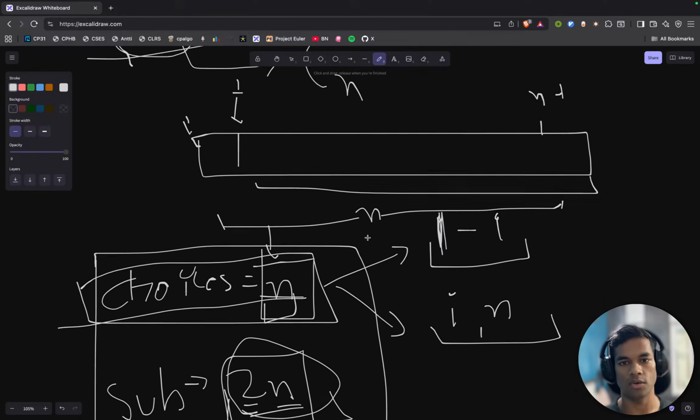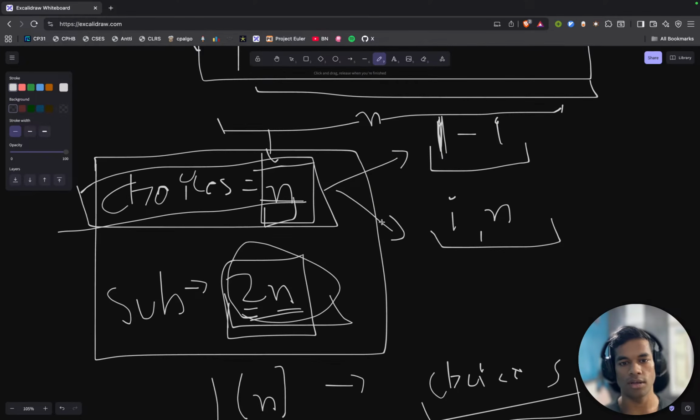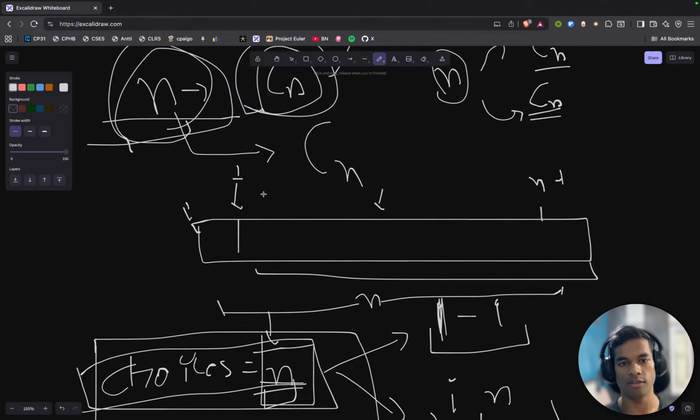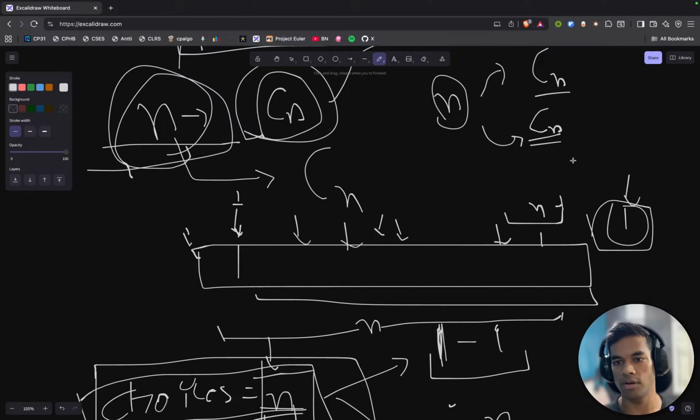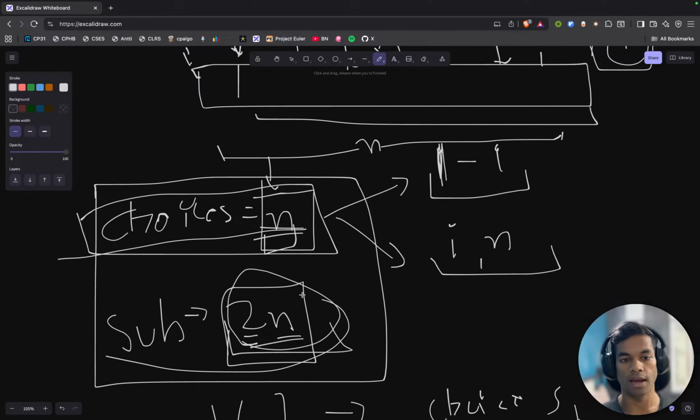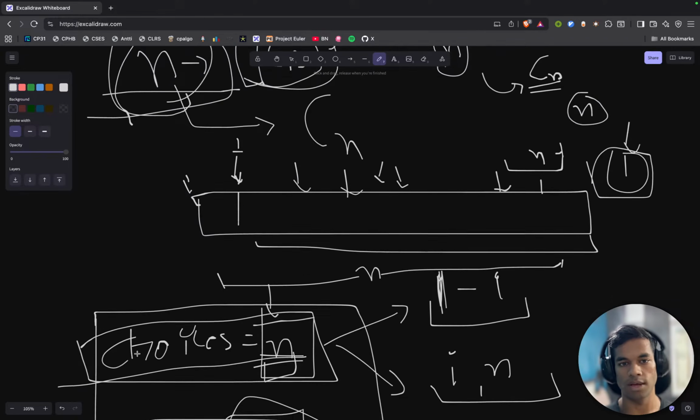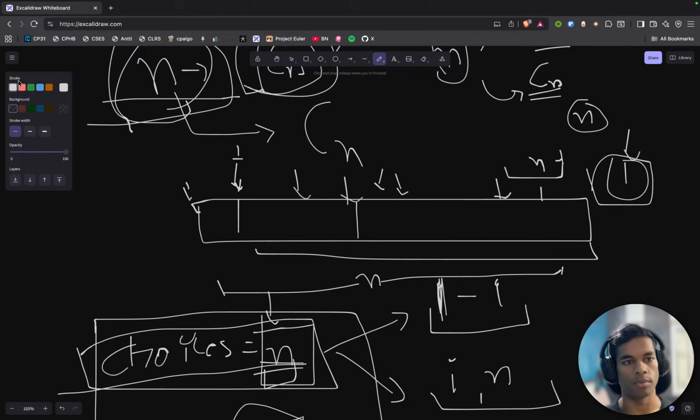But in a question like the rod cutting one, here we have n number of choices. That is, we could cut the rod at n minus 1 places, and one choice is of not cutting the rod at all. So n minus 1 places to cut the rod and one choice to not cut the rod. In total, n choices. And making one choice results in two subproblems. Subproblem on the left and subproblem on the right.